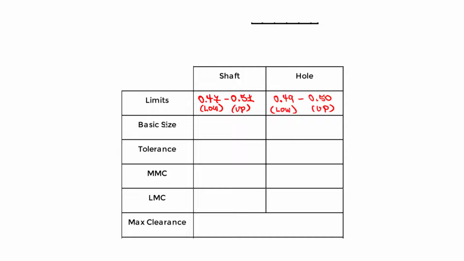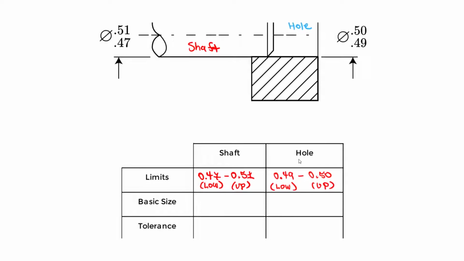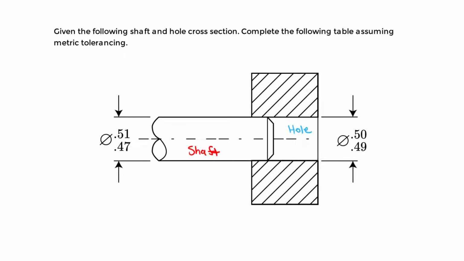Then the basic size. What's going to be the basic size for the shaft and the hole? So we know in the FE handbook, on page 449, they defined it. The basic size, or the nominal size, capital D or lowercase d, is the size to which limits or deviations are applied, and it is the same for both components.